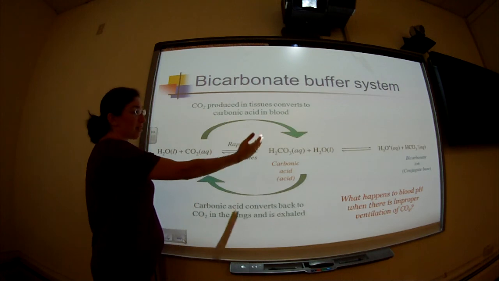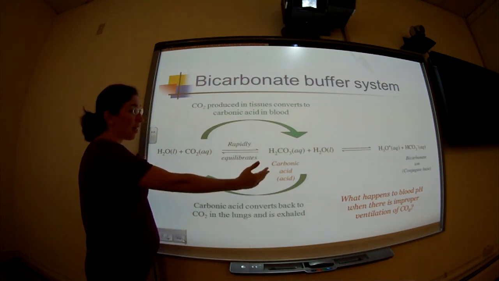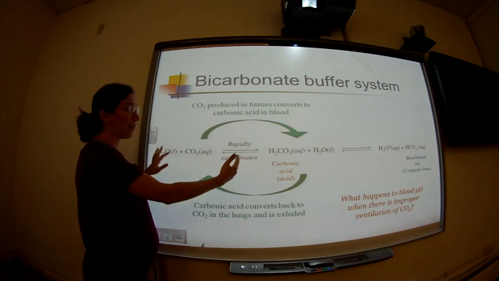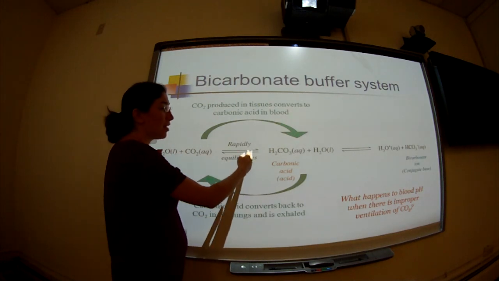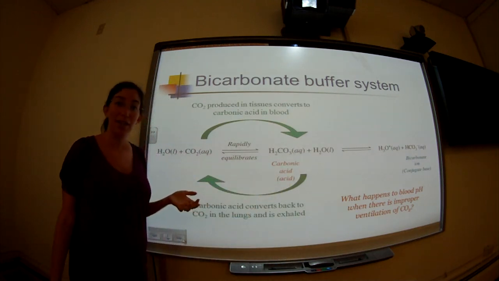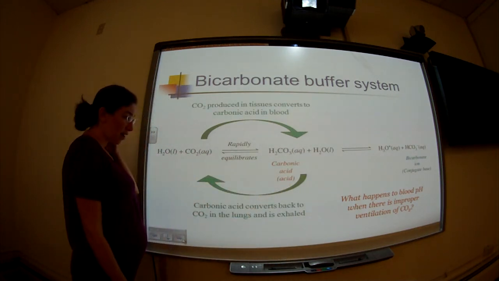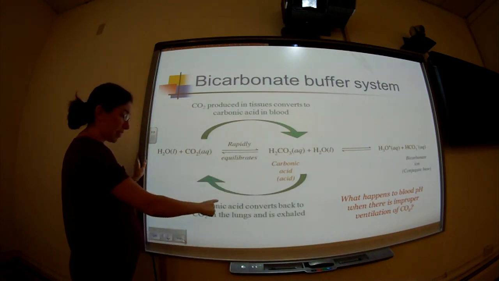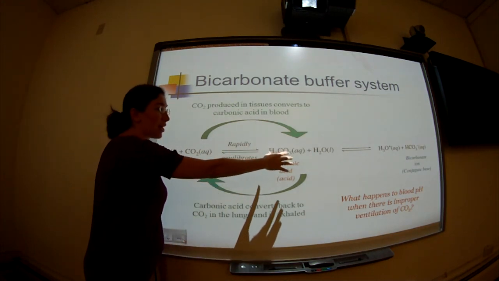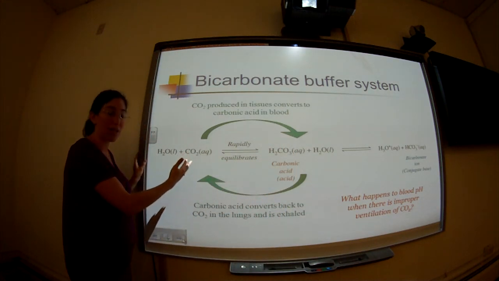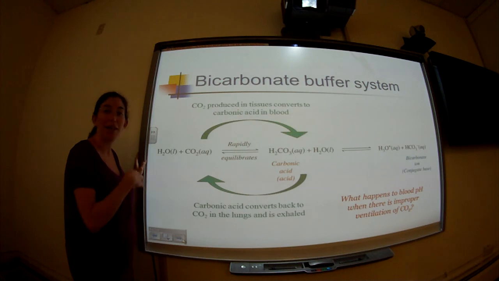When carbon dioxide goes into the blood, we get an equilibrium between water and carbon dioxide. When you mix them, you get carbonic acid, which is an acid, so it's slightly acidic. But this is an equilibrium, so when blood carries this carbonic acid back to the lungs, it equilibrates back to carbon dioxide and is exhaled.